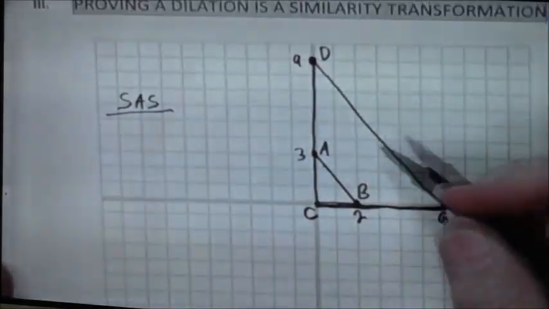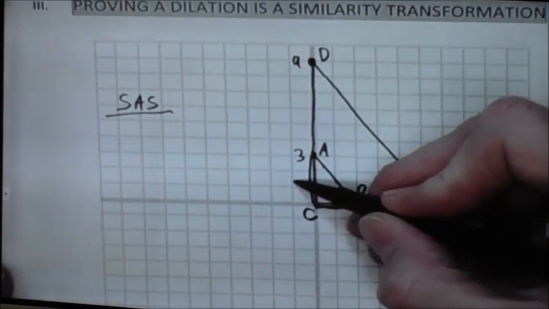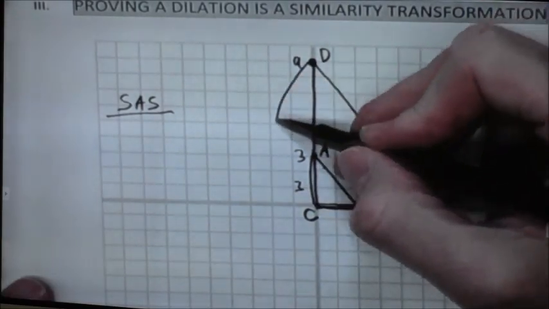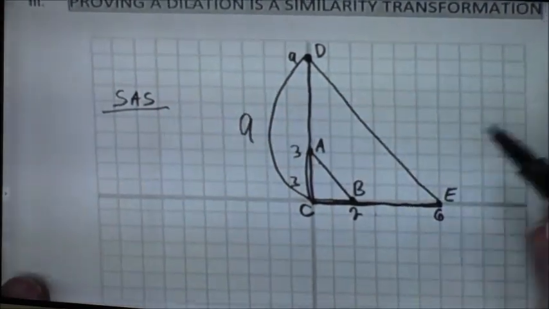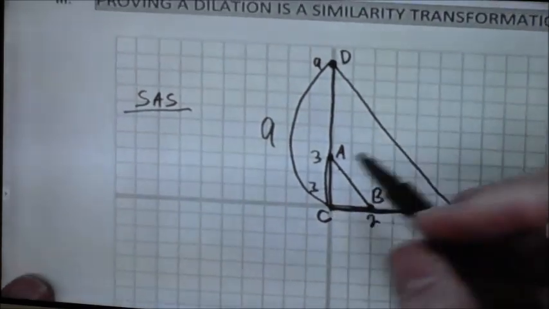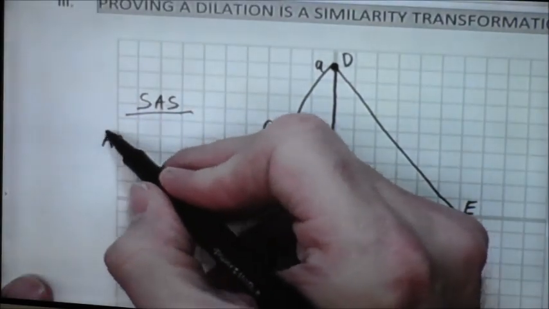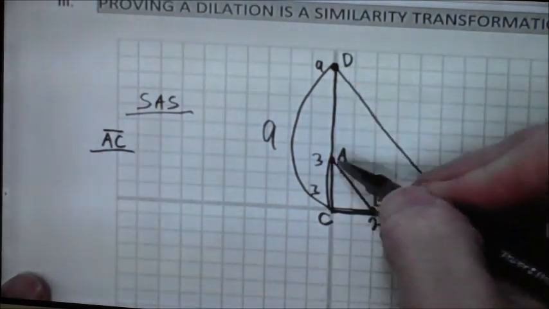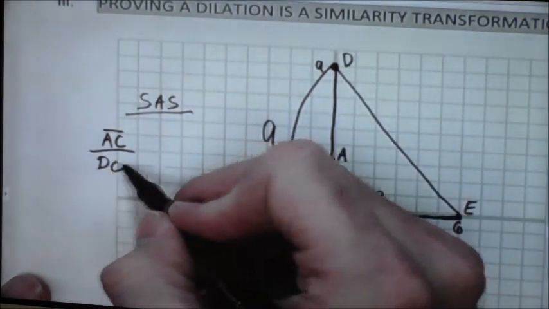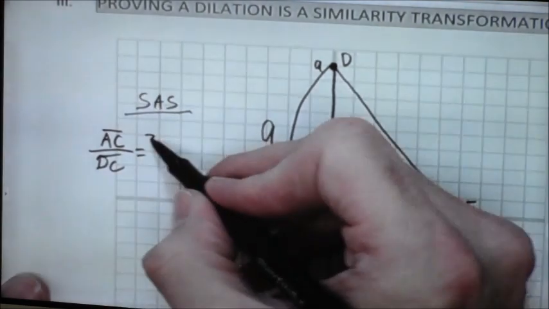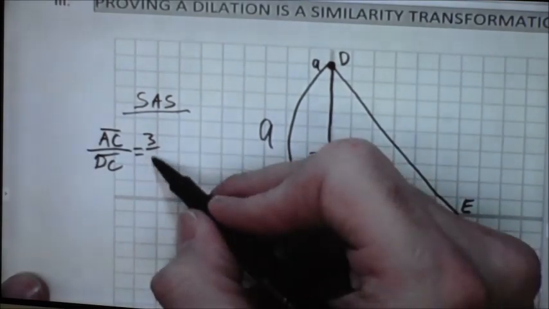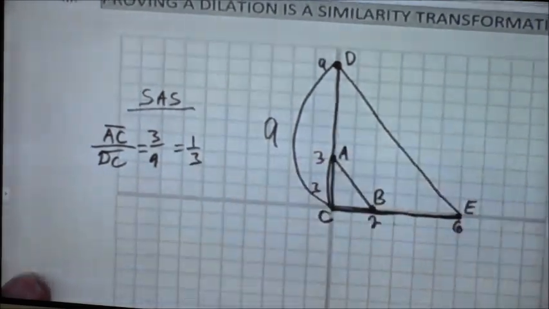Got a lot of room on here. The distance for this one is 3, and the distance for this one is 9. So A to C, and let's actually do, AC over DC is 3 over 9, which is 1 over 3.